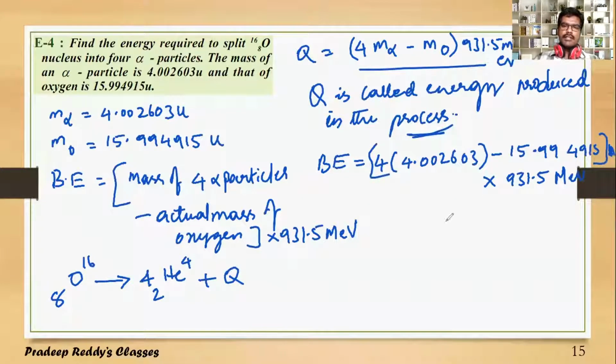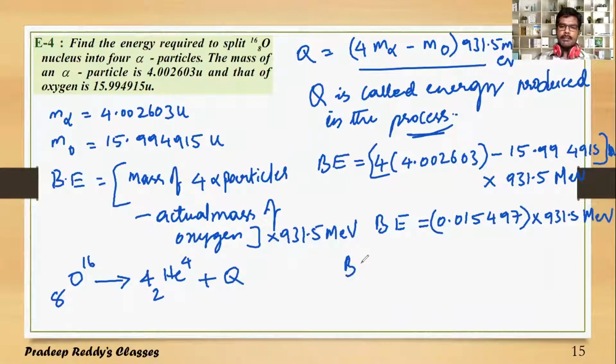C square, however, gets cancelled. This gives you finally binding energy, that is 0.015497 multiplied with 931.5 million electron volt. So if you multiply these two, you will be getting binding energy as nearly 14.43 million electron volt.